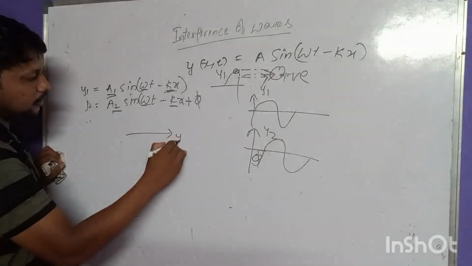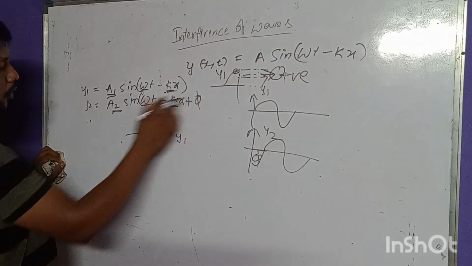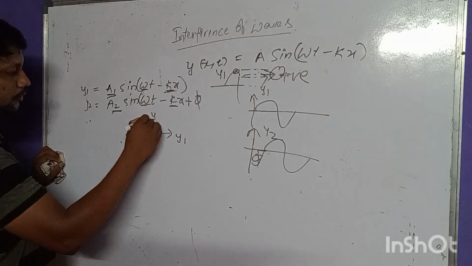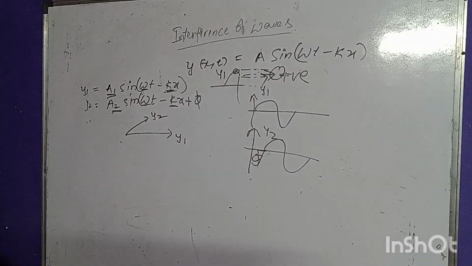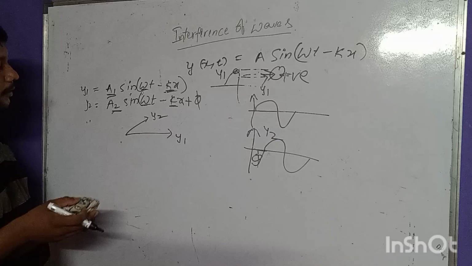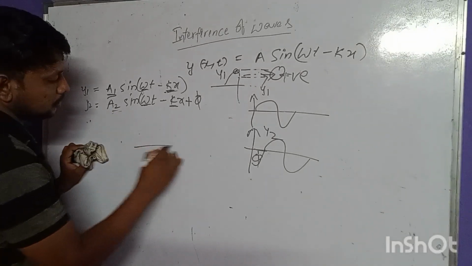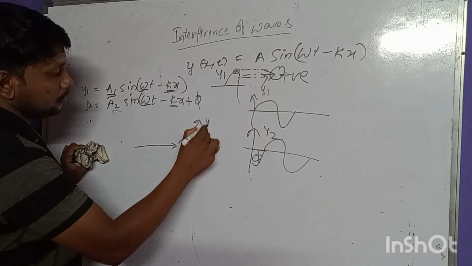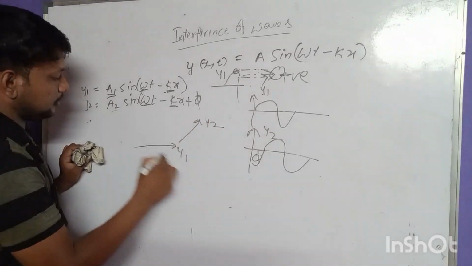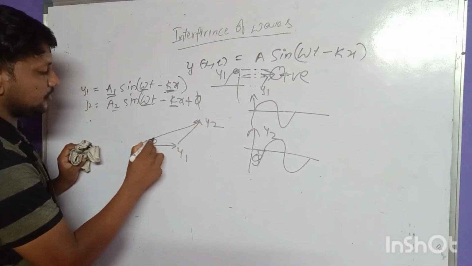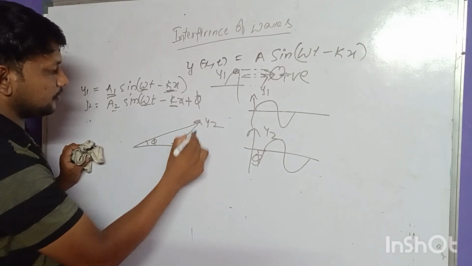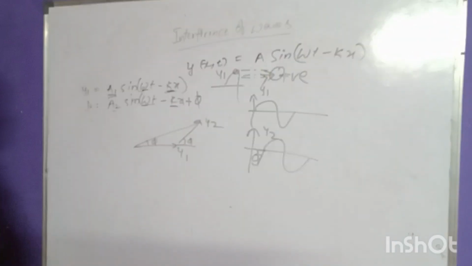This is y1, this is positive, right? y2. We know parallelogram of addition of vectors. This is y2, this is y1, this is the phi, right?